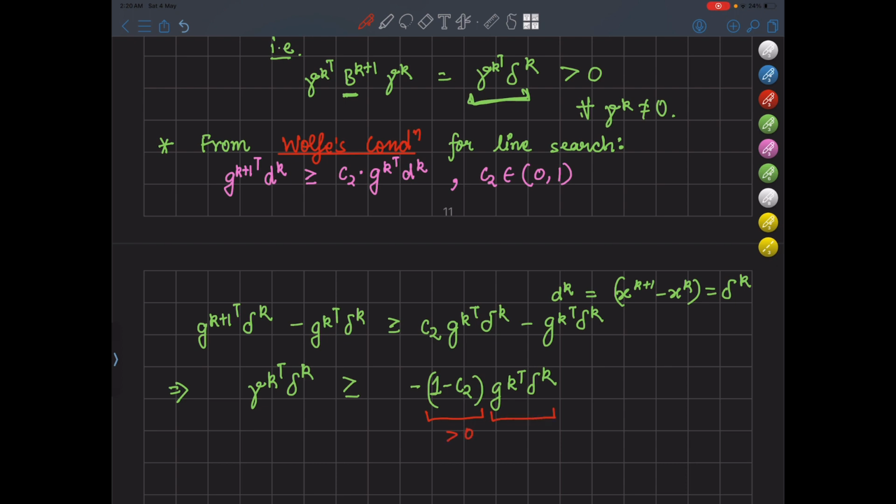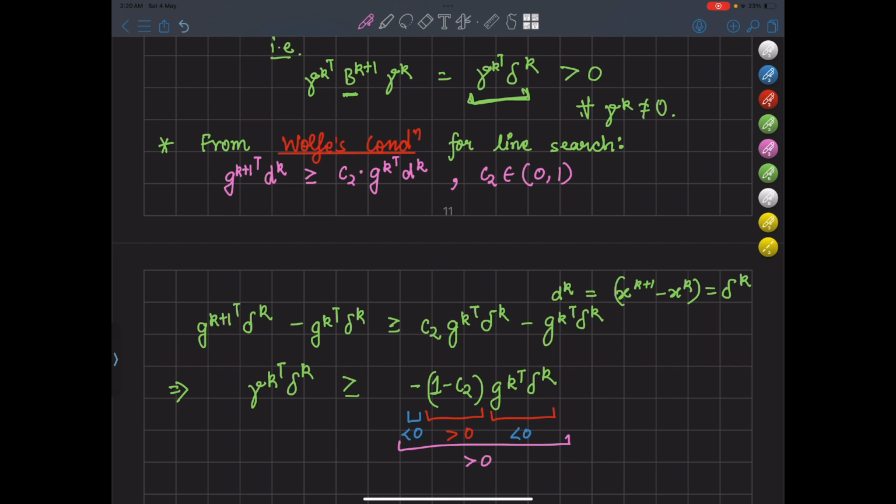Now remember that delta k is a descent direction, so gk transpose delta k will always be less than 0, right? And this here is less than 0, minus negative, so this whole quantity is greater than 0, right?